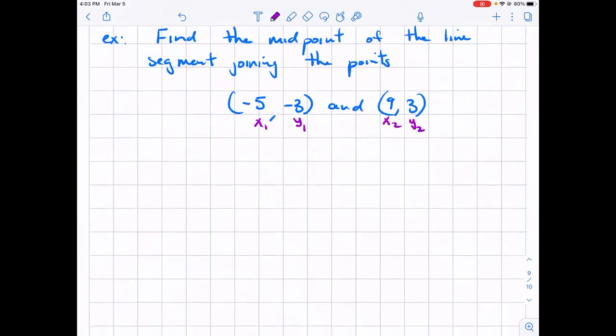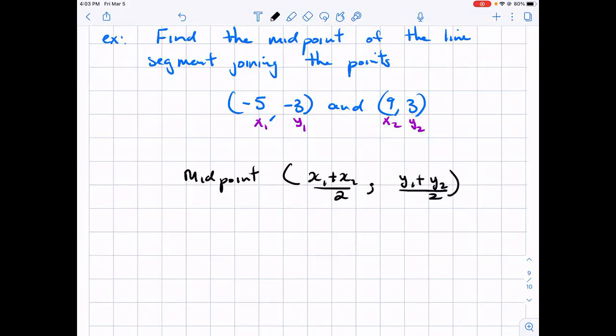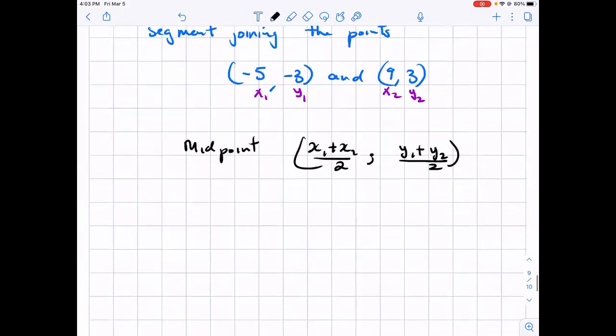Then we have midpoint. The midpoint is x1 plus x2 divided by 2, comma, y1 plus y2 divided by 2. It's really the average, right? The average of those numbers. So that gives me -5 plus 9 over 2, and let's make the parentheses longer.